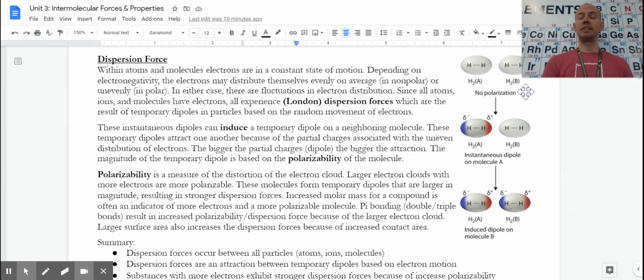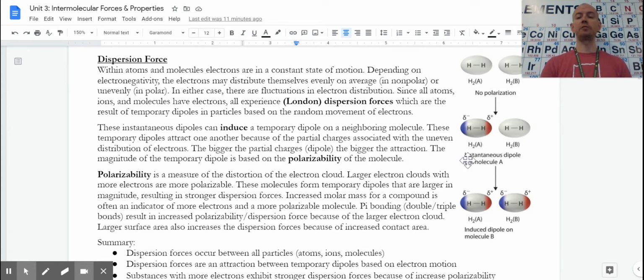So right here is an example of a very simple nonpolar molecule with just a few electrons. When I have a hydrogen molecule, I've got a proton and a proton with two electrons moving around that are holding my molecule together. On average, the electrons would not be more attracted to one than the other, but at any given moment, they're not necessarily exactly in the middle, or it's not a one-to-one ratio.